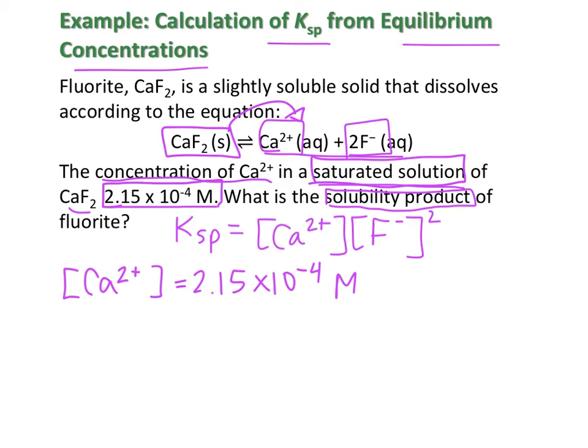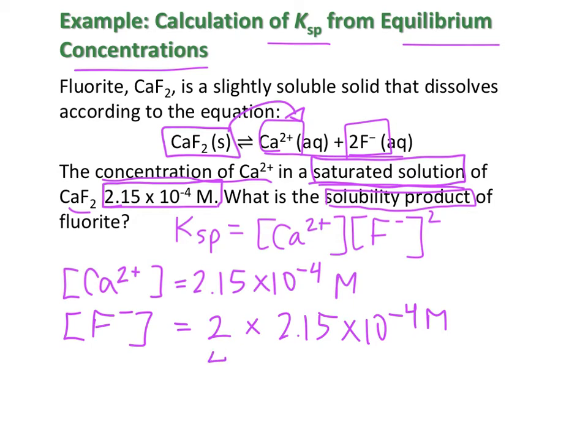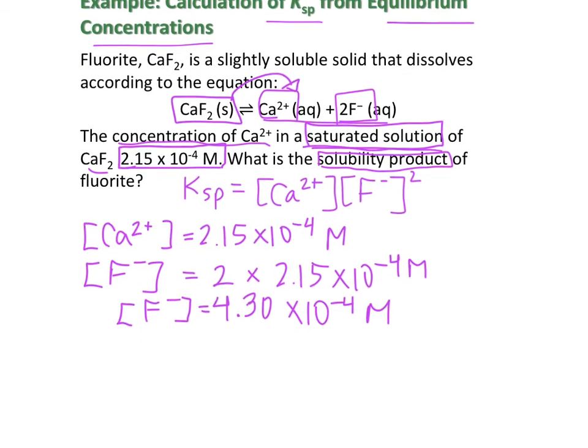So because we know the concentration of calcium, the concentration of fluoride is just going to be the same thing, but times 2. So 2 times 2.15 times 10 to the negative 4th molar. And overall what we get is double, so 4.30 times 10 to the negative 4th molar for fluoride.